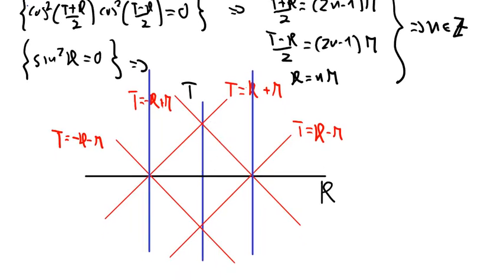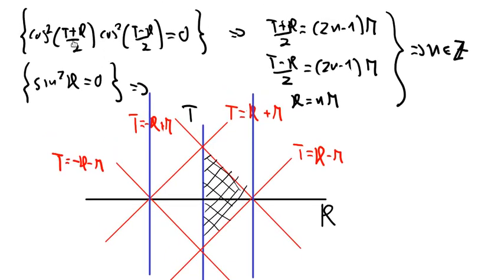Any of the diagrams is valid, but I'm just going to use the black pen and pick a set which is bounded by these sets.